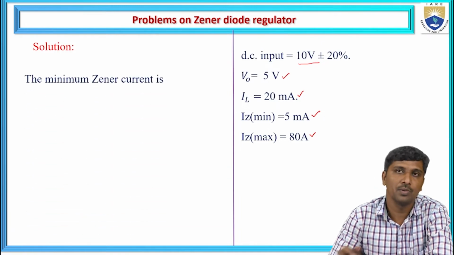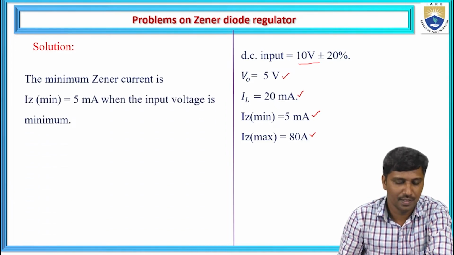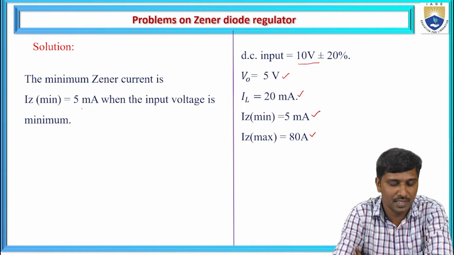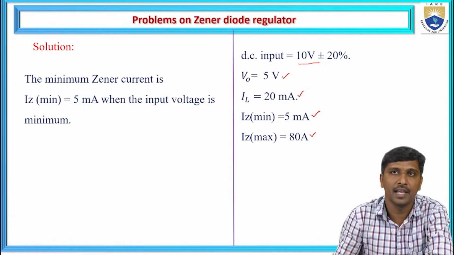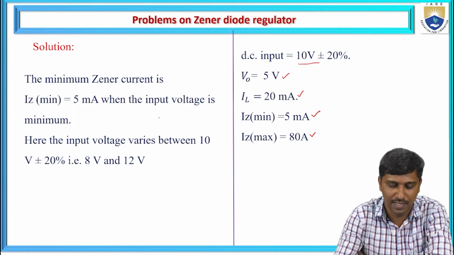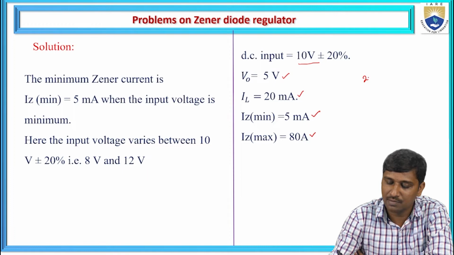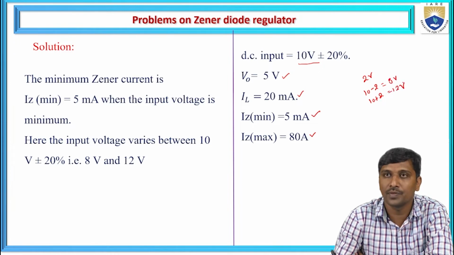Now first we need to find the minimum Zener current for this case. It occurs when the input voltage is at its minimum, and then the Zener current takes the minimum value, that is 5 milliamperes. The input voltage varies by plus or minus 20%, meaning 2 volts, so the minimum is 10 minus 2 and the maximum is 10 plus 2, that is 8 volts and 12 volts.